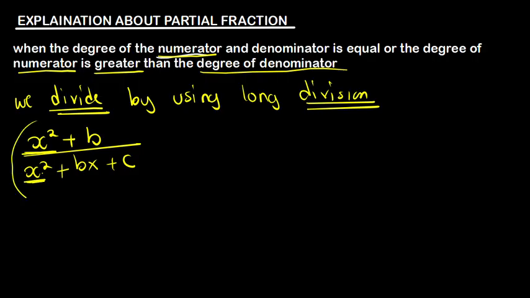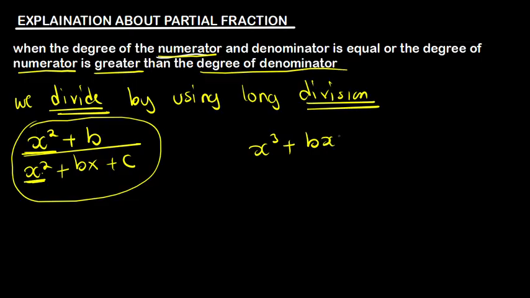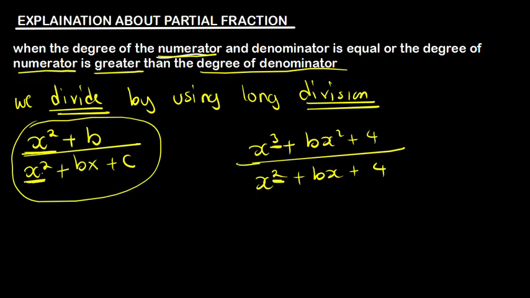So in this situation, we divide using long division. Or you can have something like x cubed plus bx squared plus 4 over x squared plus bx plus 4. Here the degree on the numerator is 3 and the degree of the denominator is 2. So in this situation, again, we divide by using long division. Those are the main things you need to take note of when dealing with this.